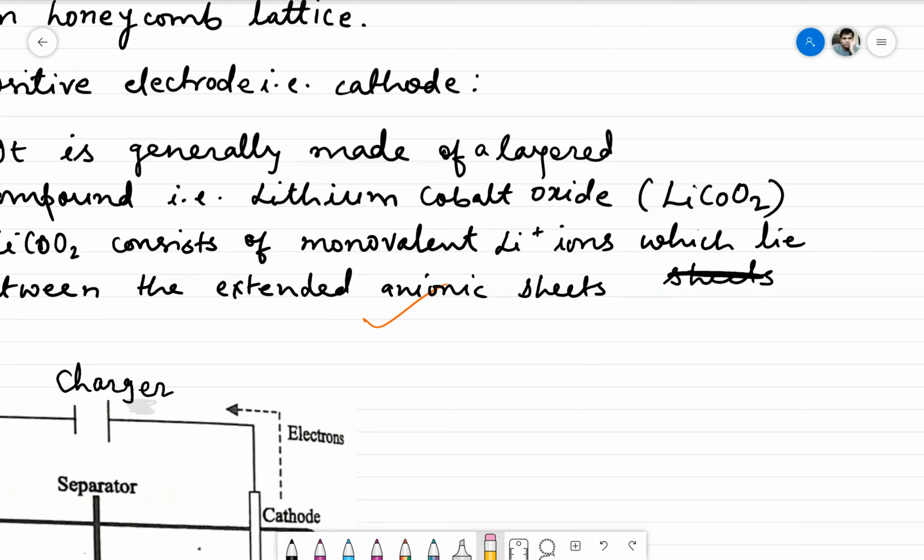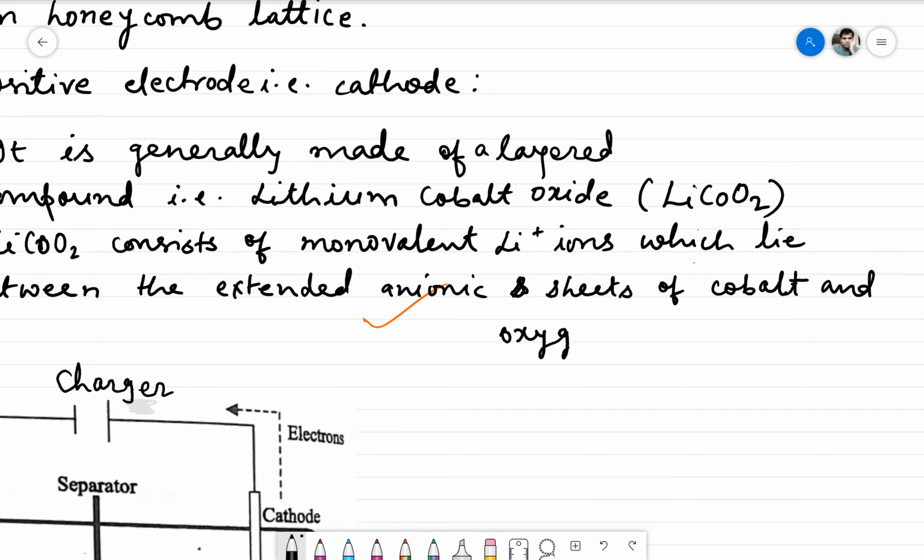Anionic sheets of cobalt and oxygen atoms.